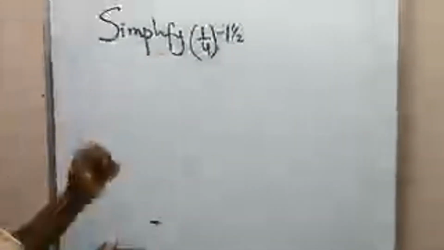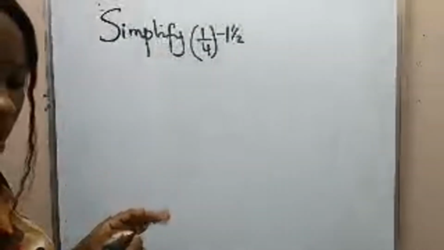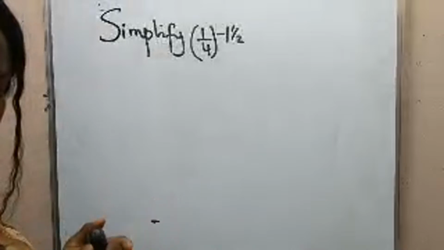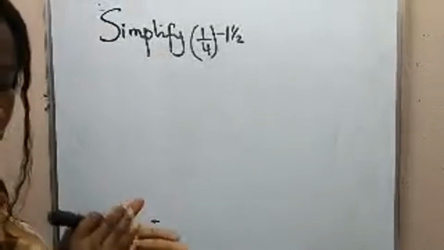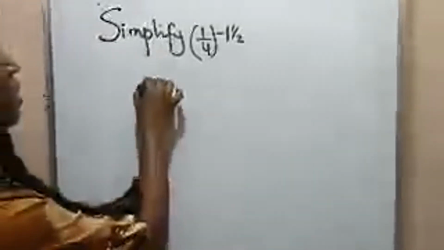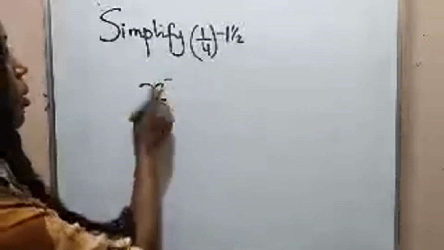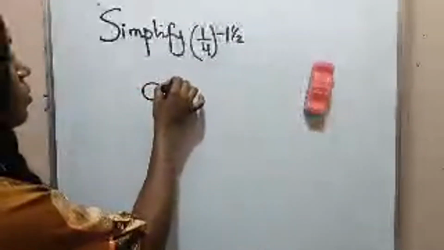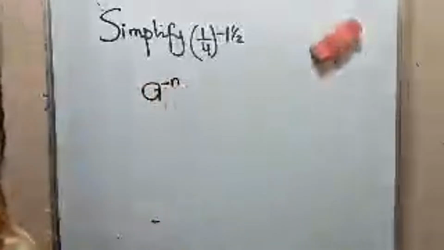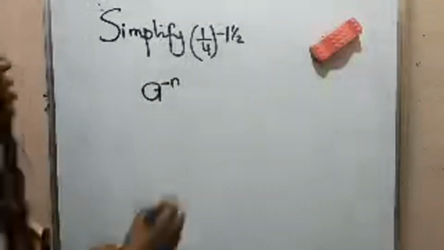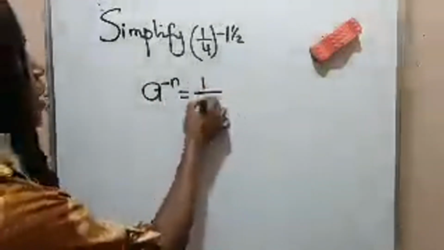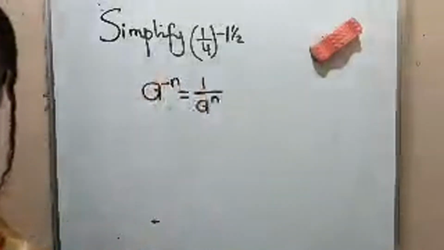The first thing we need to do is remember our exponential laws. This exponential law states that a to the power of minus n is equal to 1 over a to the power of n.